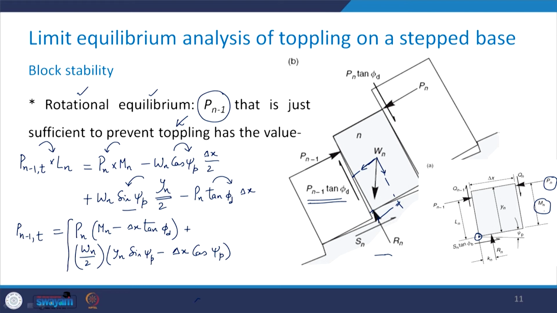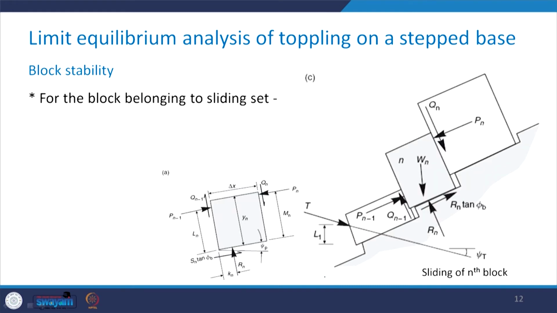So, this whole thing in a box bracket and this divided by Ln. Make this equation as equation number 23. Take a note of these equation numbers because we will be referring to these later when I will be summarizing the steps for the analysis in case of the toppling failure that we are taking up right now.